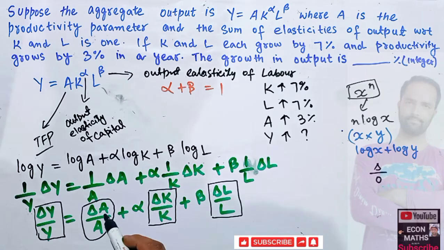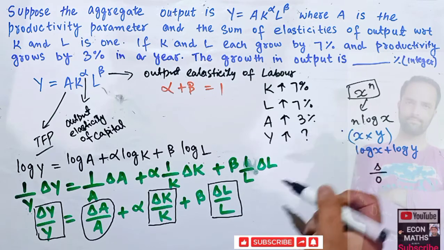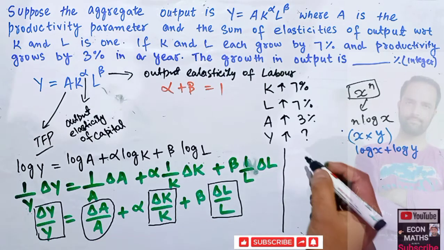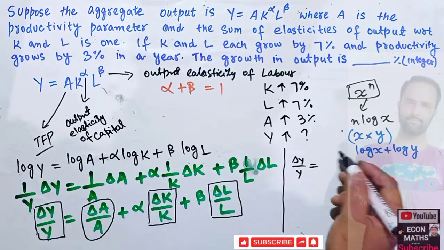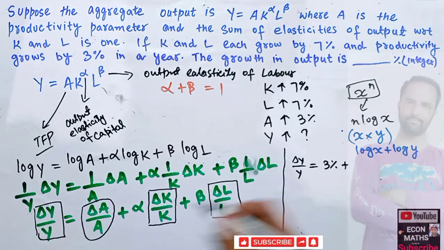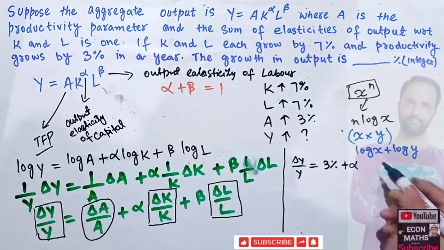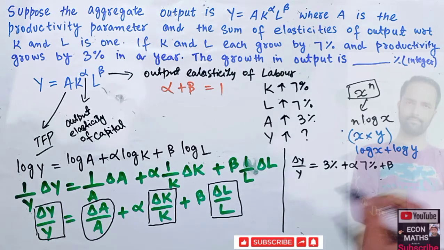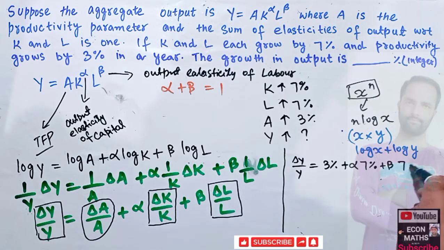And this del A upon A, the change in total factor productivity, is being given to us as 3%. So del Y upon Y is equal to 3%, plus alpha times the percentage change in capital, which grows by 7%, similarly plus beta times del L upon L, the change in labor, which is also given as 7%.